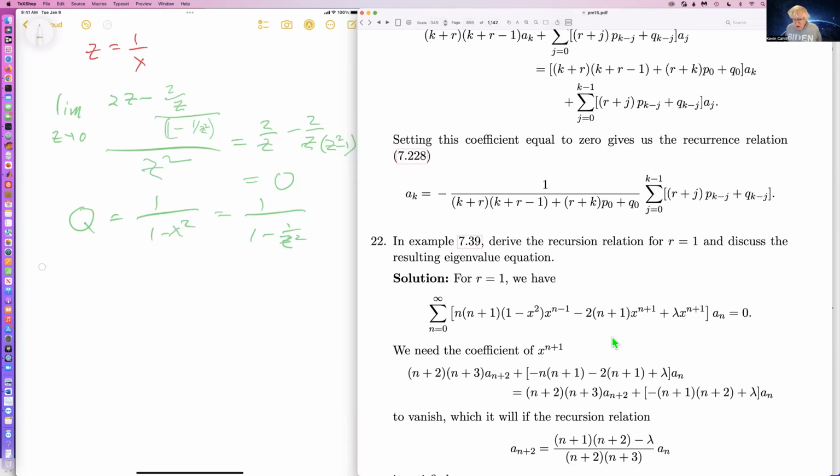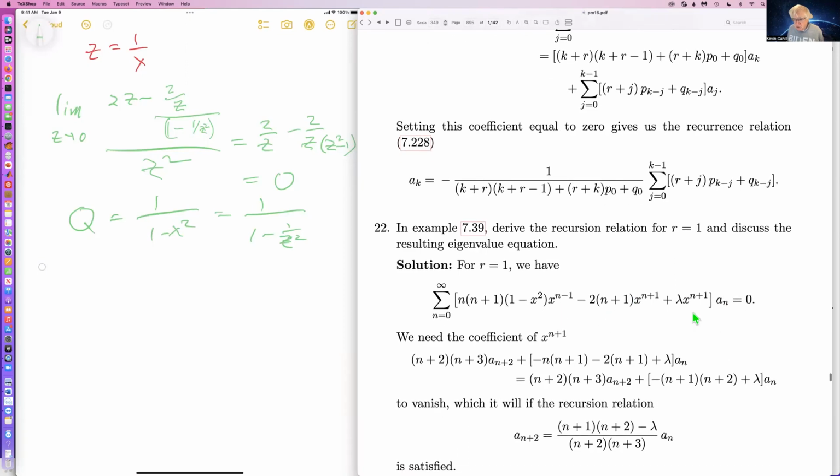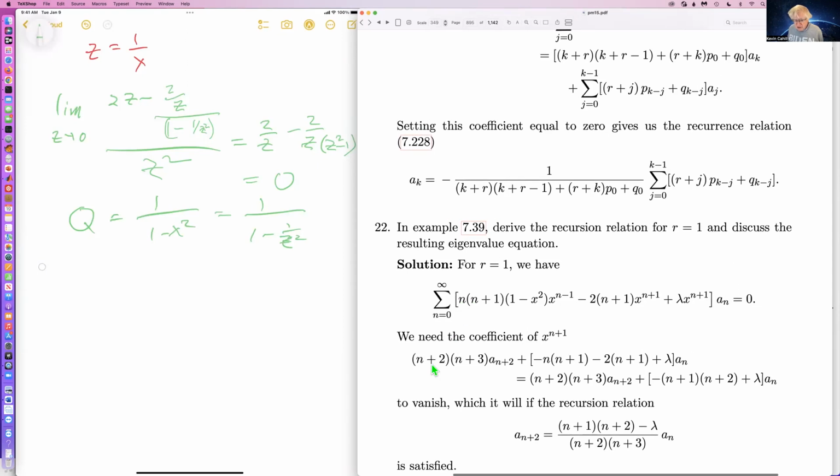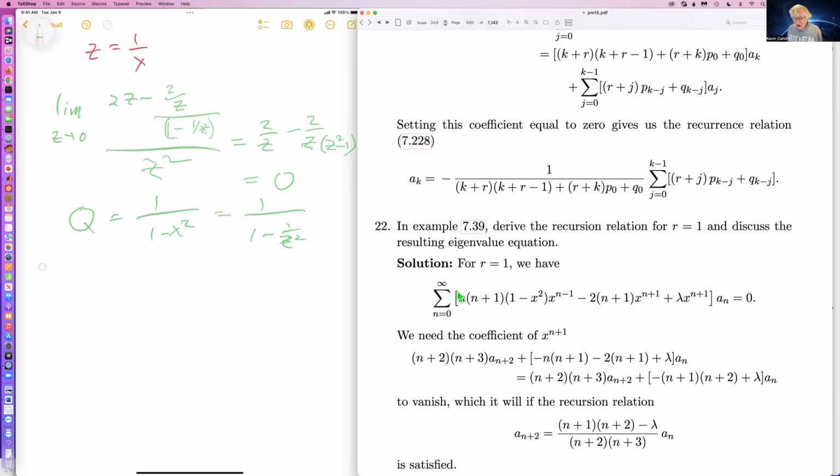Now you see what you want is to shift the index n in the first term so that everything is x to the n plus 1. When you do that, you let n be n plus 2. That gives you (n plus 2)(n plus 3) a sub n plus 2 for this term.